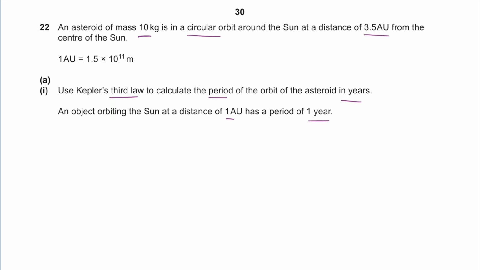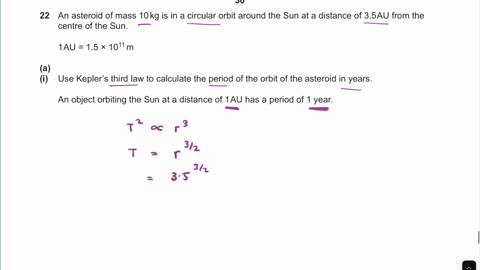So, according to Kepler's third law, T squared is proportional to R cubed. We use T equals R to the power of 3 over 2, where we don't have to convert anything because 1 AU has a time period of 1 year. So therefore 3.5 AU raised to the power of 3 over 2 will give me 6.55 years.